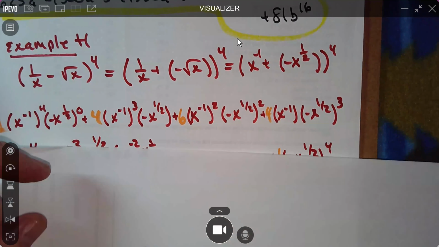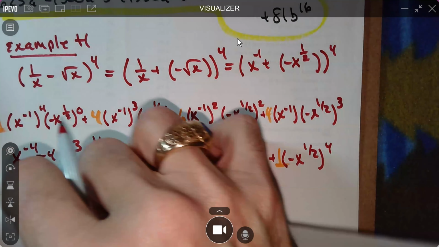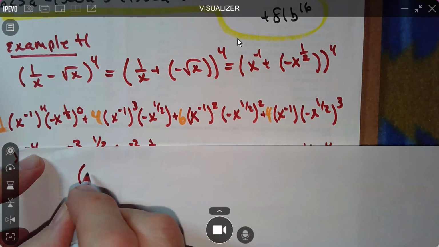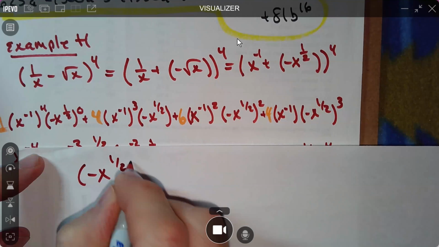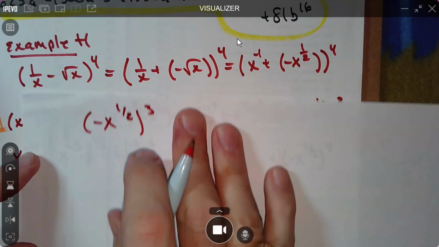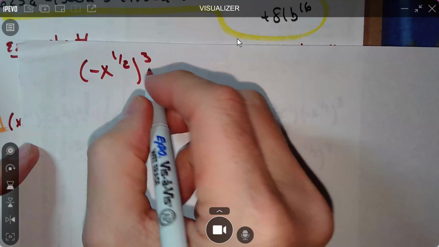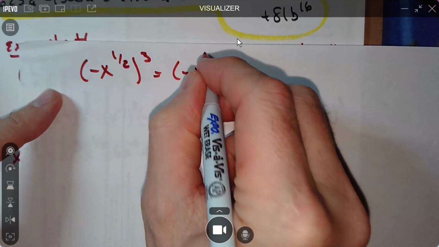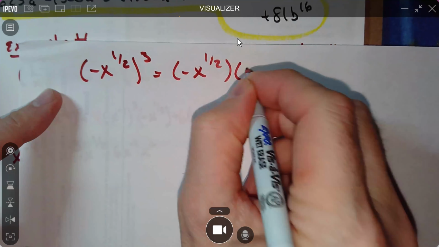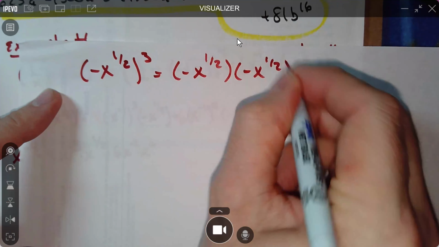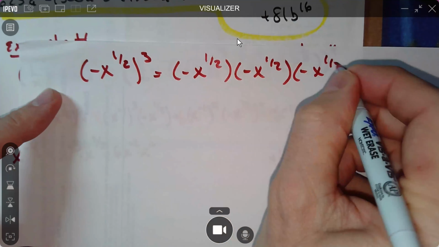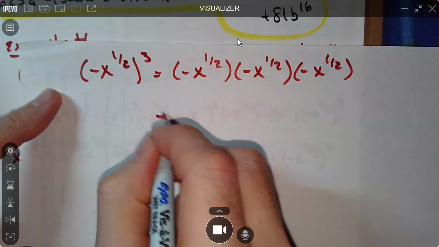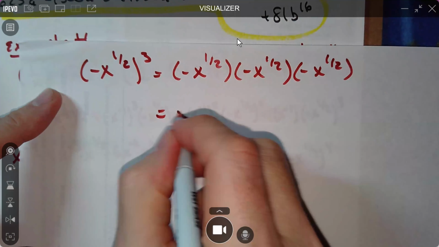If you're calculating negative x to the 1/2 cubed, you could think of that as negative x to the 1/2 times negative x to the 1/2 times negative x to the 1/2. A negative times a negative is positive, times a negative gives me a negative.